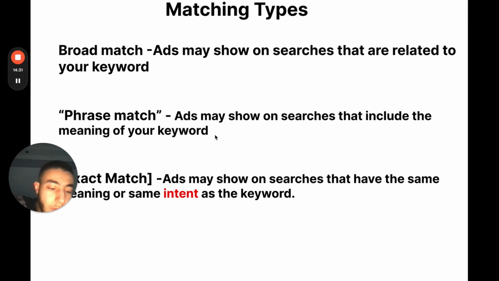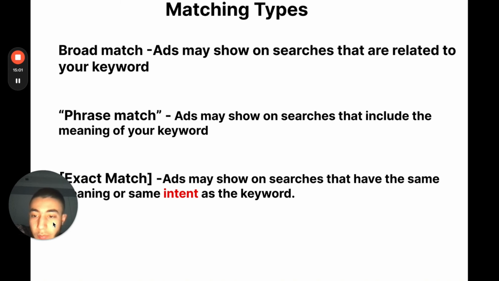For example, the plumber near me keyword can be matched with plumber, just a plumber, or competitors' company names like AAA Plumber or Justin Plumber. So the competitor's name, anything which is related to plumber near me and has the same meaning is going to be matched with this keyword.